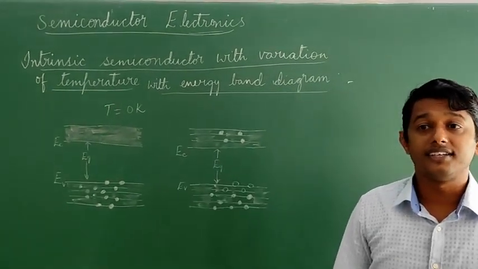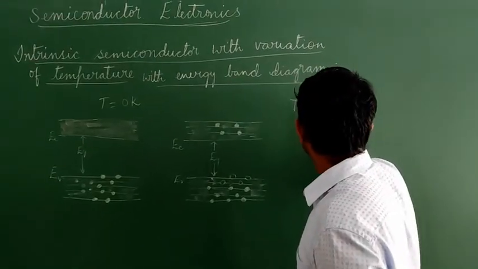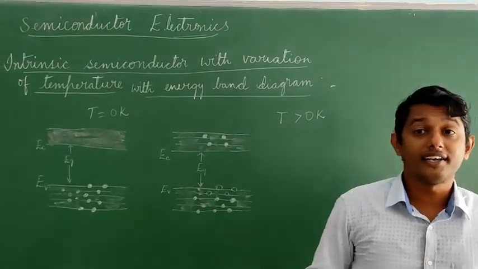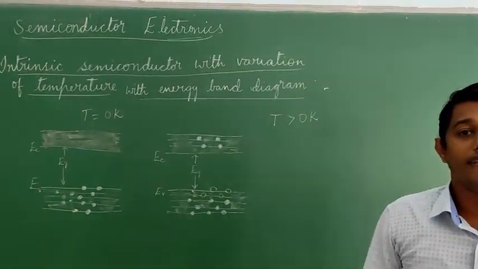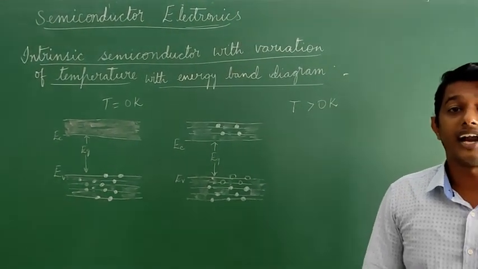It is the thermal energy at higher temperature, that is, a temperature greater than 0 Kelvin, which excites some electrons from the valence band to the conduction band.